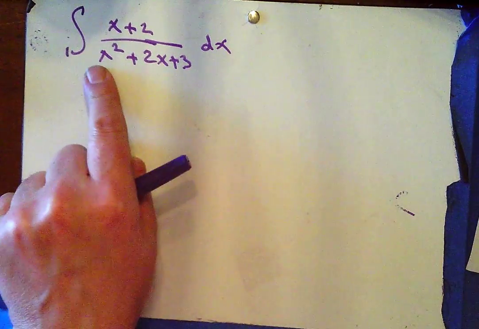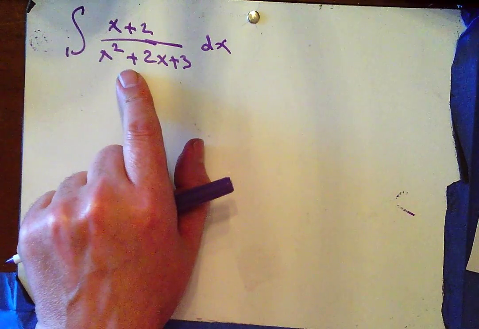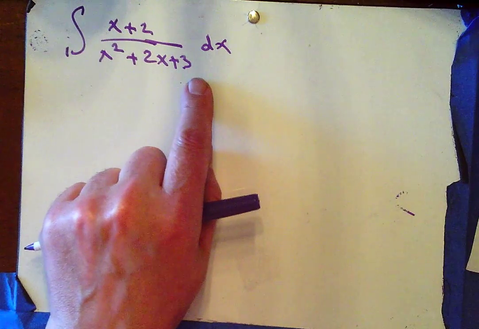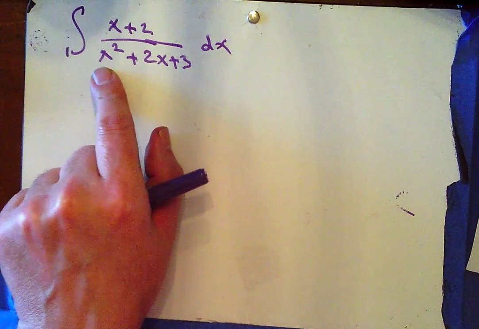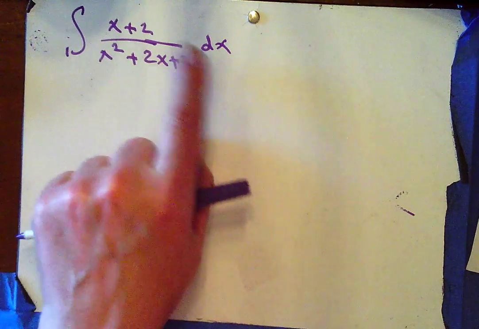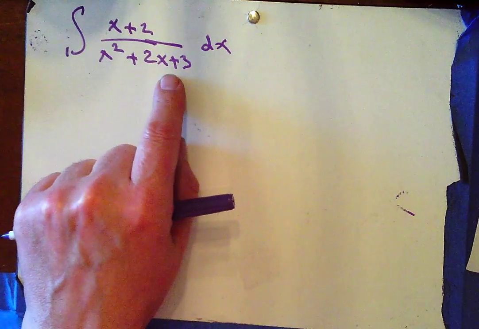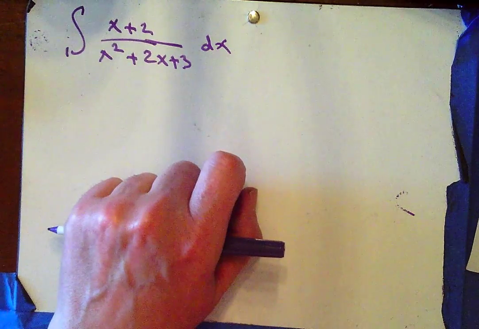This isn't going to factor. This would be x plus 1, x plus 3. No, that would be plus 4. And because I can't factor it, it's not partial fraction decomposition. But if I were to say the bottom is my u, then my du would be 2x plus 2, and I have an x plus 2 there.